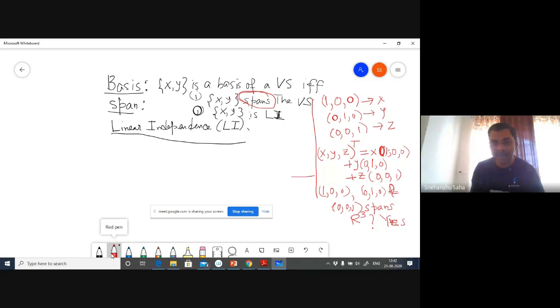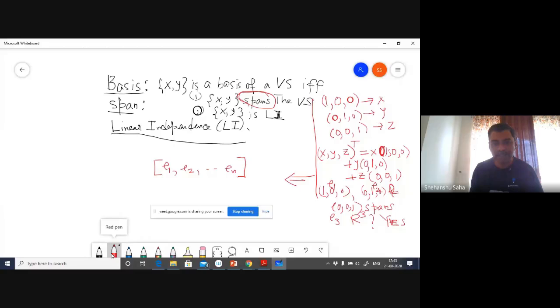Now, if I scale this up, guys, and you know that these are unit vectors, E1, E2, and E3. Now, if I cook up something like this: E1, E2, all the way up to En, where n could be any dimension, finite of course, right?